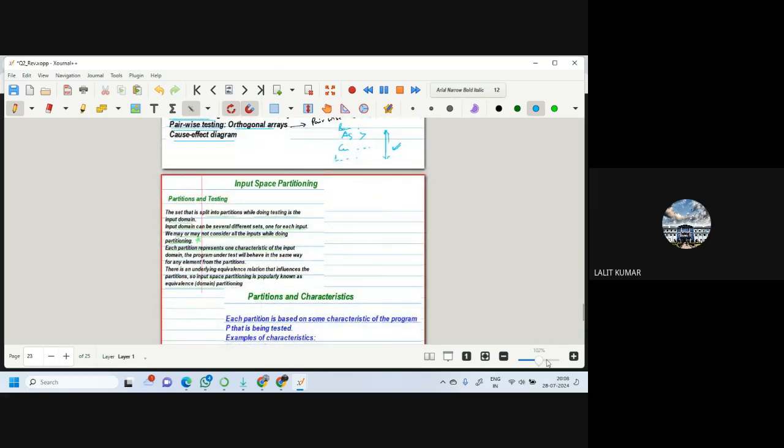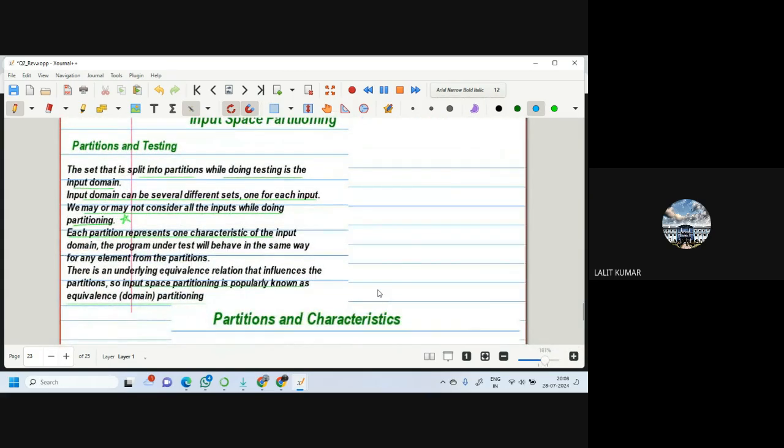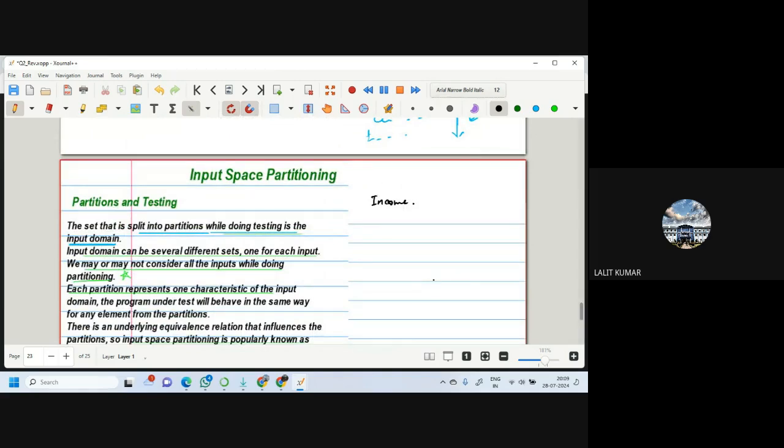So let's come to the input space partitioning. How do we do that? Like I said, the set that is split into a partition while doing testing is the input domain. We always do the partitioning on the input domain. For example, in some questions in the PYPs, they have given the domain also, for example, age, valid age is from 18 to 80.